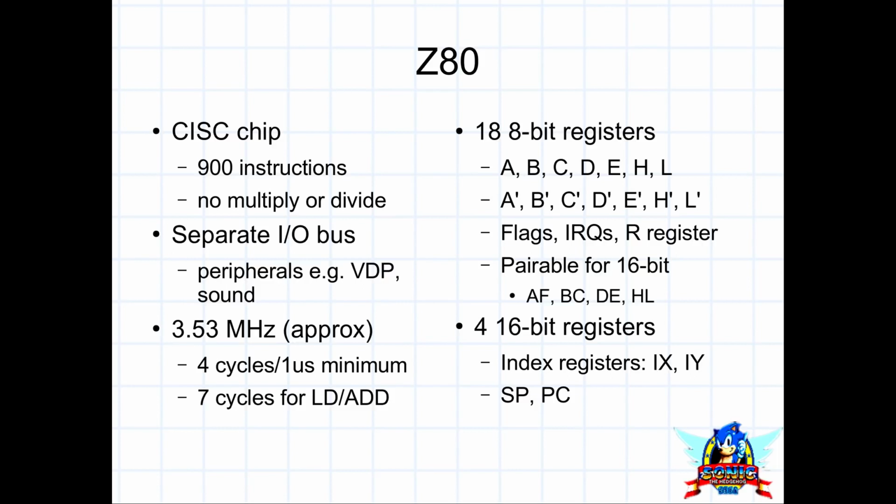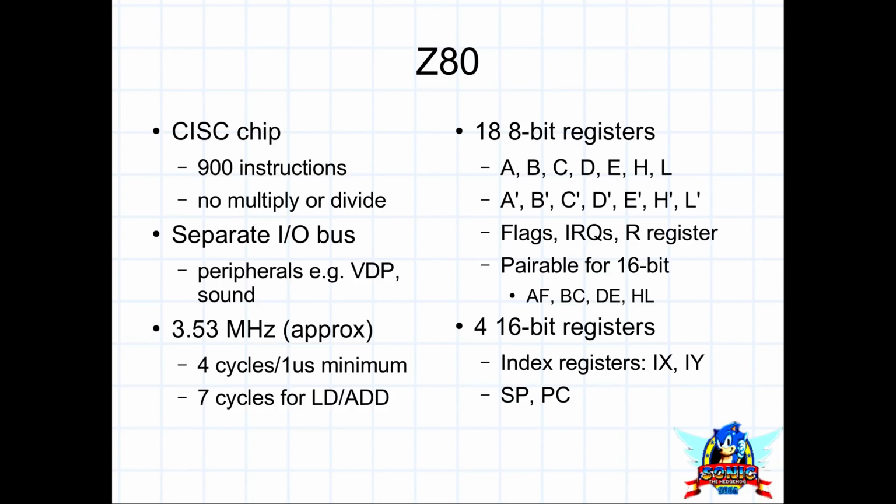These registers were also pairable to do 16-bit operations, and this is where the Z80 really shines. The AF registers were not particularly useful. This was the accumulator and the flags register, but you could push and pop it. But once you started looking at BC, DE, and HL, you have actually useful 16-bit operations that you can do.